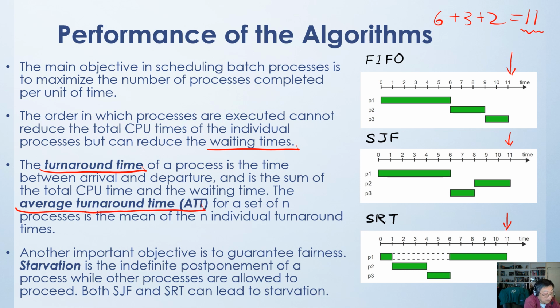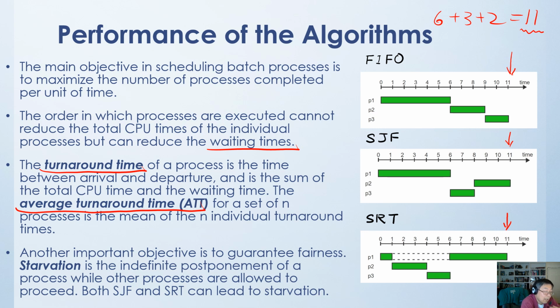The other measurement we use is the average waiting time. Either way, it's just a different measurement, but we get the same conclusion: SRT is the best in terms of performance.